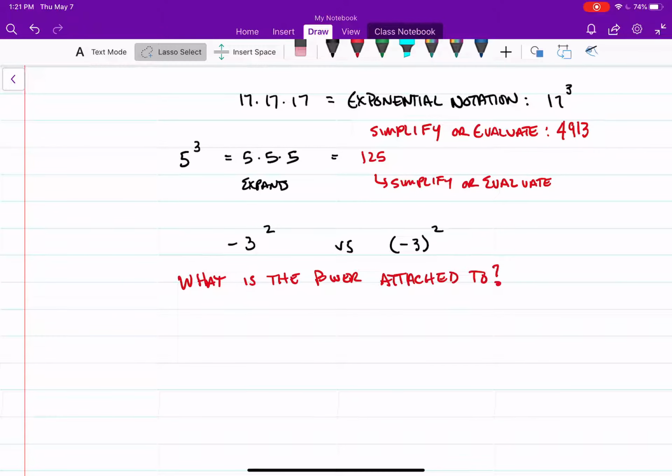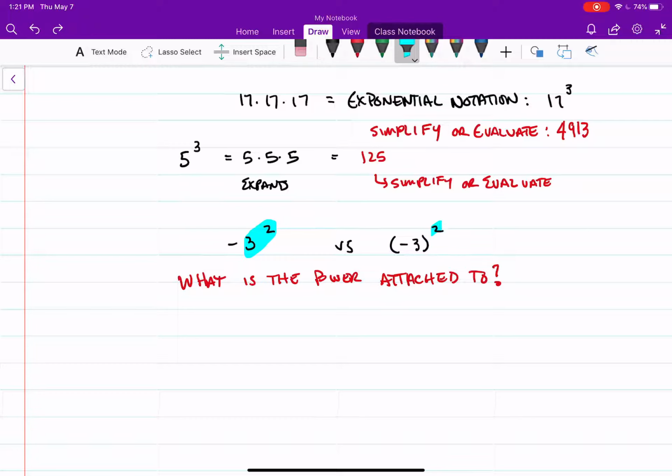So if you look at it right here, the power is attached to the 3, where here, the power is attached to the parentheses. Okay, see the difference there?